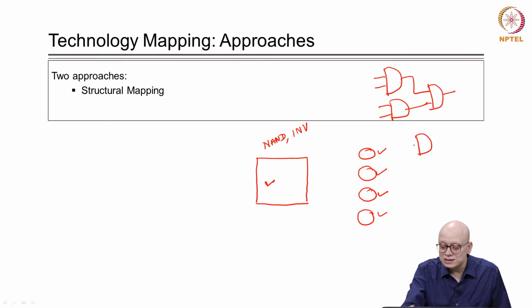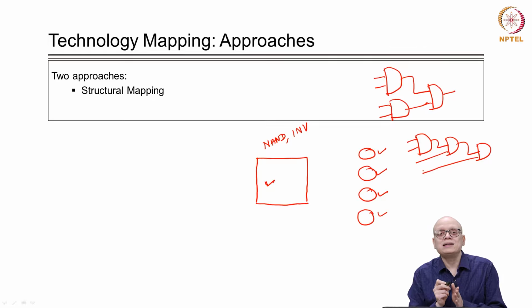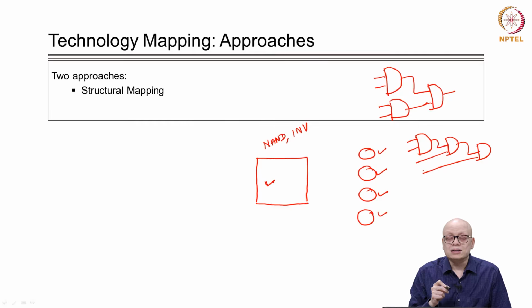Another representation can be different. So, the same logic function can be represented structurally in many ways, and structural mapping needs to consider this. Some of the matches which could be possible are missed by structural mapping, and that problem is solved using Boolean mapping.